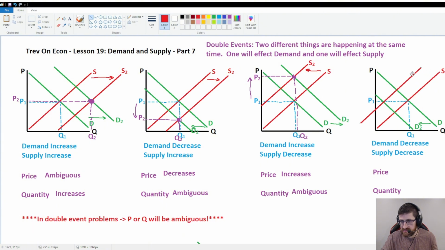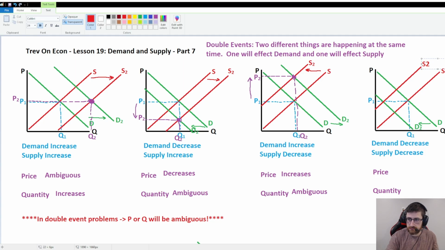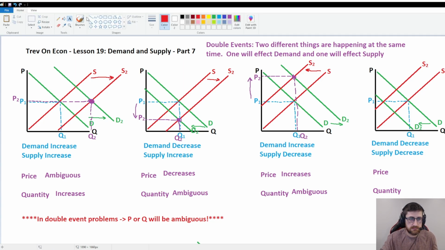Again, about the same distance. It's pretty close. And again, this is very repetitive, but practice makes perfect.